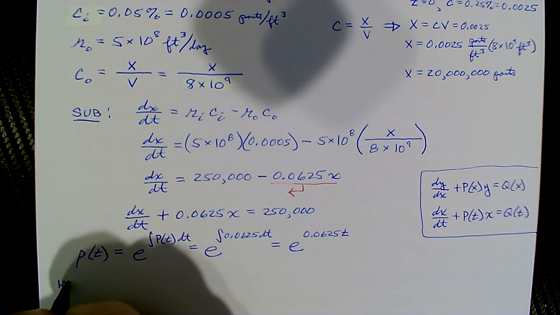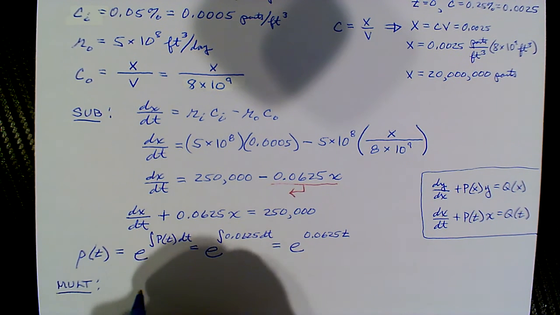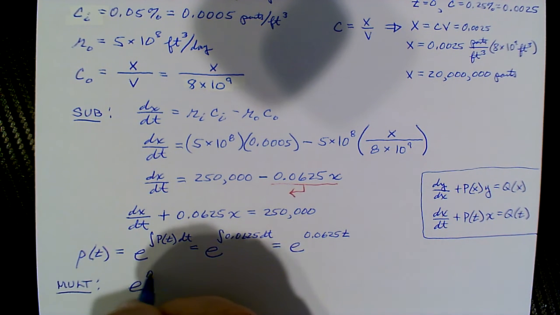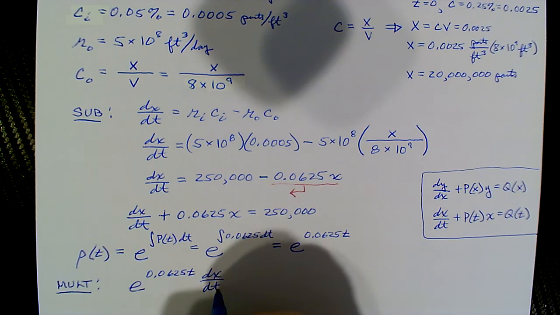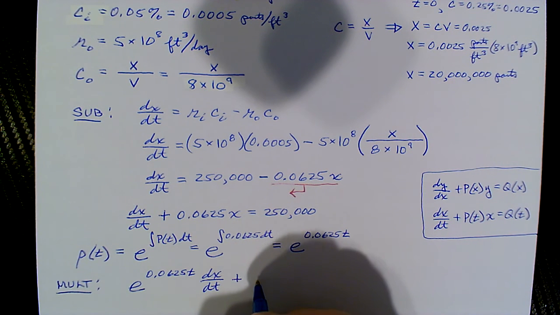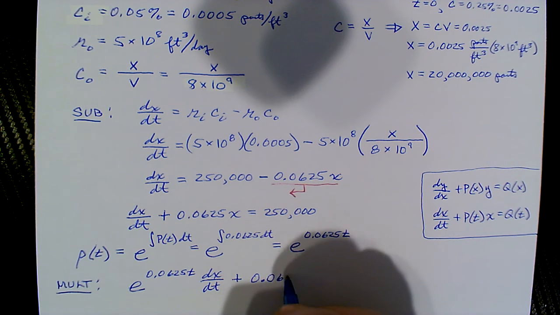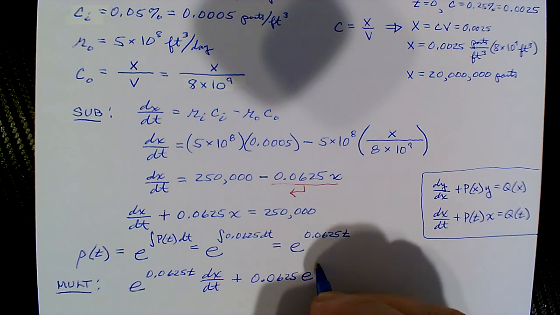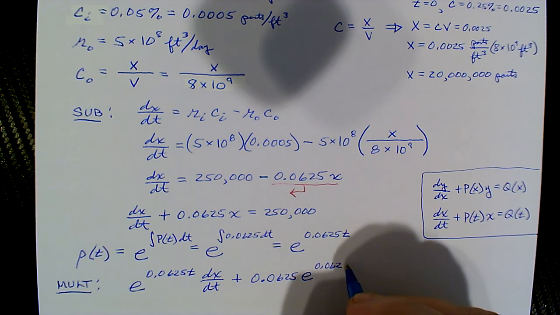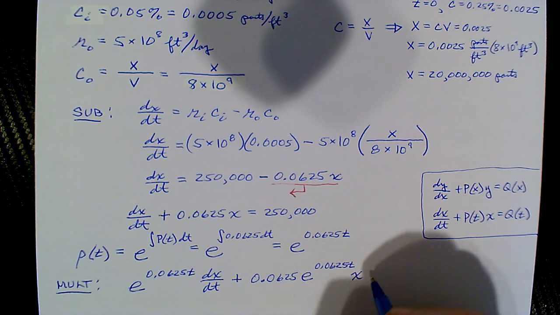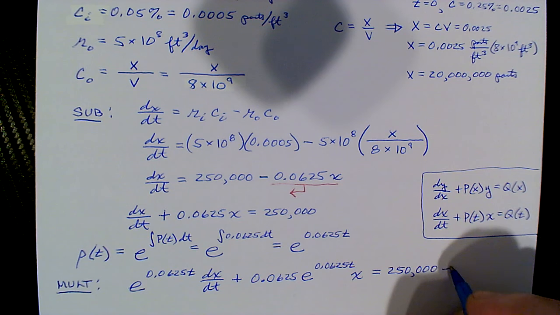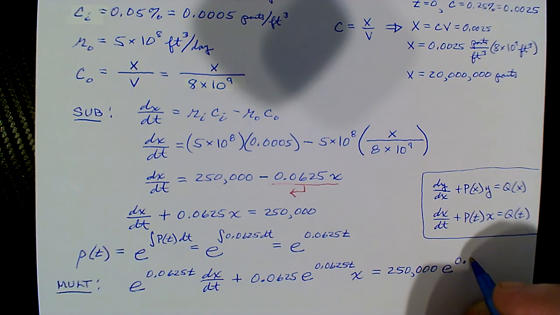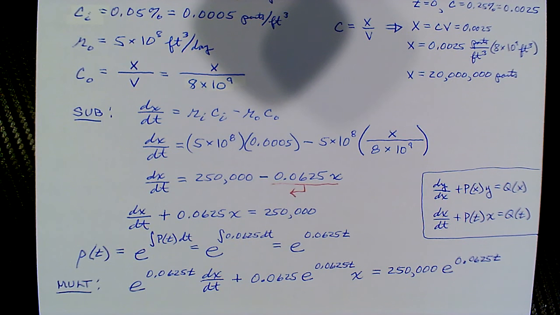Then we multiply, and so we have e to the 0.0625t times dx/dt plus, I'm going to write the 0.0625, slide the e in there, then times x, equaling the 250,000. I make sure again we multiply this side by the integrating factor as well.